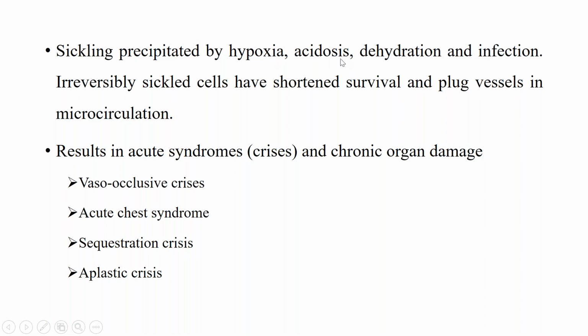By hypoxia, acidosis, dehydration, infection. The sickle cells have a very short lifespan, and they plug the microcirculation, and it can lead to various crises, that is vaso-occlusive crisis, acute chest syndrome, sequestration crisis, and aplastic crisis.